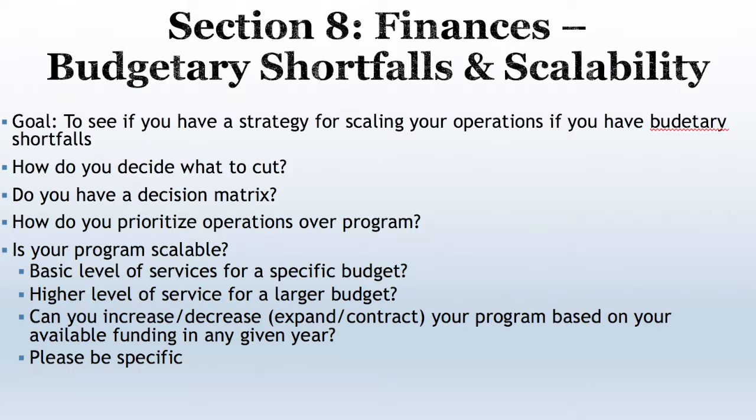In the amazing case that you are able to expand due to surplus, which is usually not the case, we understand. So we're curious if you have a process in place. Do you have a decision matrix? Does your board make these choices? Just really interested to know how you handle shortfalls.